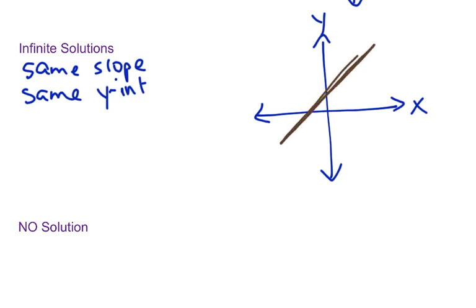If I have my first line, and I'm going to make it really thick, and then my second line is actually the same line. Okay, you see that they share this point, this point, this point, this point, because those points on both lines are just ordered pairs, but they are lying on both of them at the same time. So that is an infinite number of solutions.